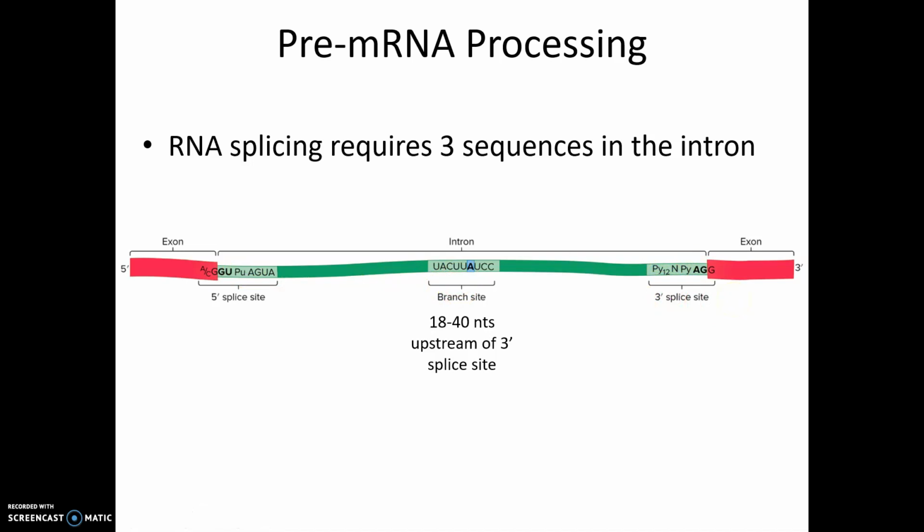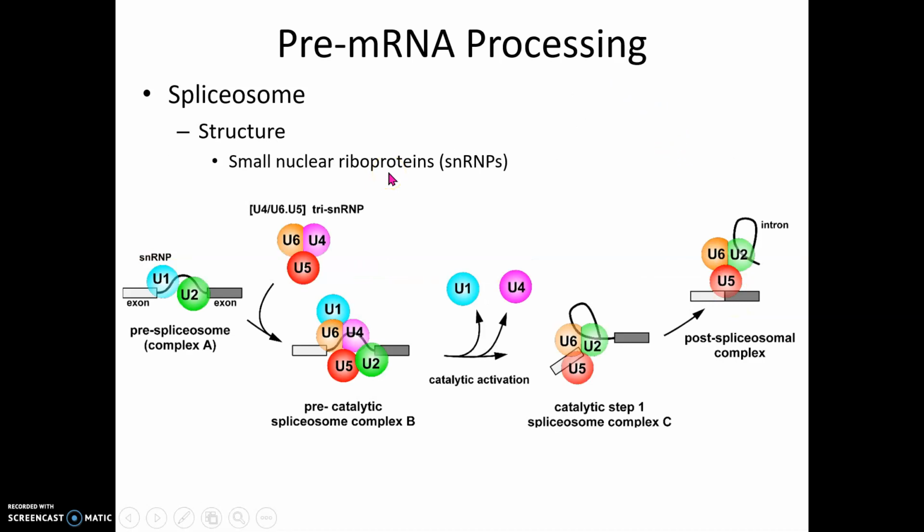All right, so how do we get this? We have a spliceosome. So this requires snRNPs, or what we're going to call SNRPs. These are small nuclear ribonucleoproteins. Ribonucleoproteins, a mix between RNA and proteins. Are we okay with that idea?